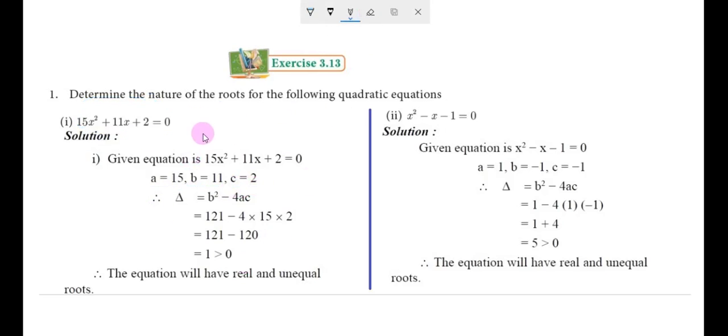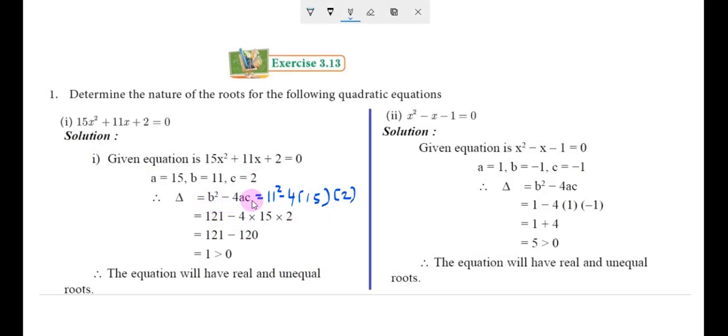Okay, next we should find the del value. What is del? Del equal to b square minus 4ac. That is equal to, b is 11, so b square means 11 square, minus 4, a value 15 and c value 2.